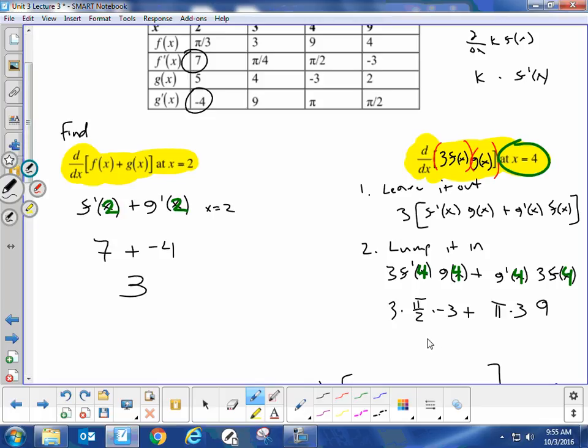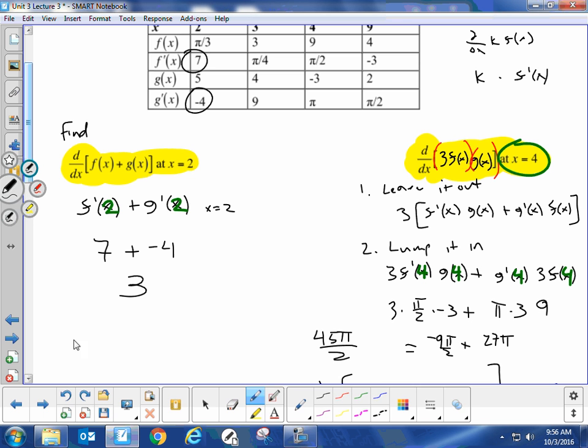So I get -9 pi over 2s plus 27 pi's. That's 54 pi's over 2. 54 minus 9 is 45. So this would be 45 pi over 2s.